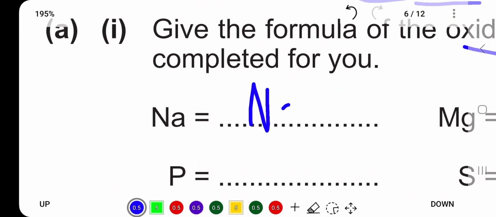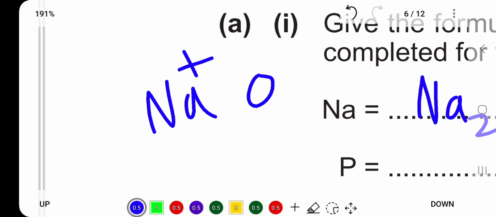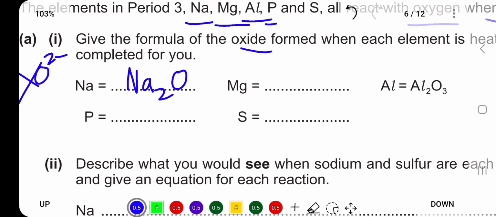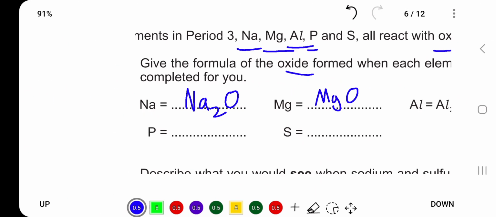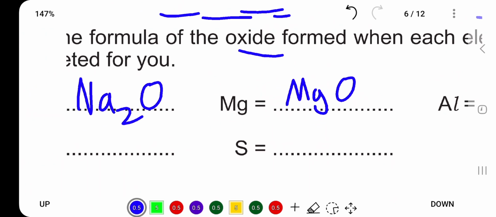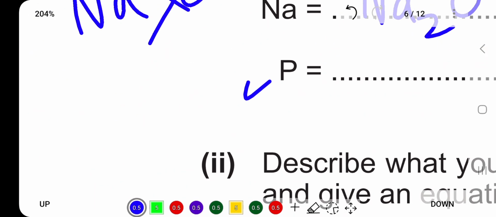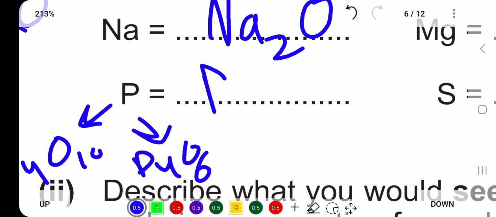Na will become Na2O because O has 2 minus, so if you don't know, cross multiply and it will become this answer. Mg, the same exact thing. Mg2+ O2-, so they will cancel each other. P can either be, it's actually based on your preference, P4O10 or P4O6. So you write whatever pleases you, so I'm going to go with P4O10.